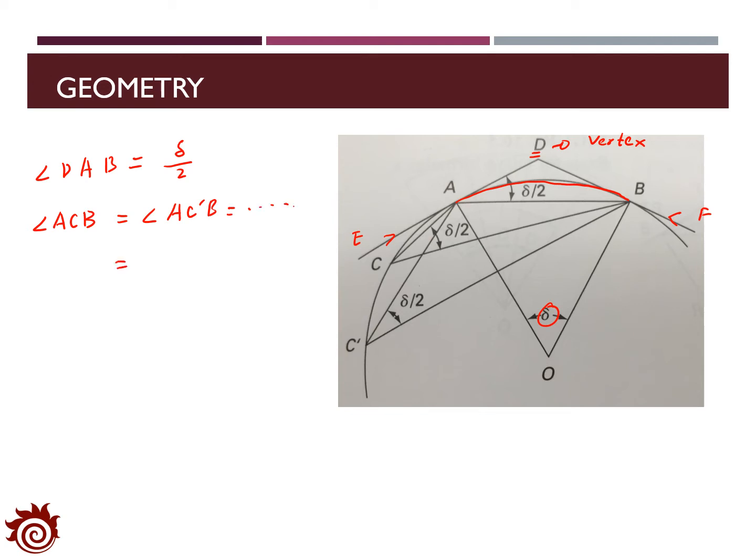They are all half delta. These two pieces of information are very important for us to estimate the horizontal curve.